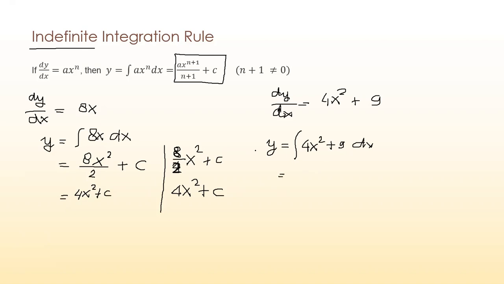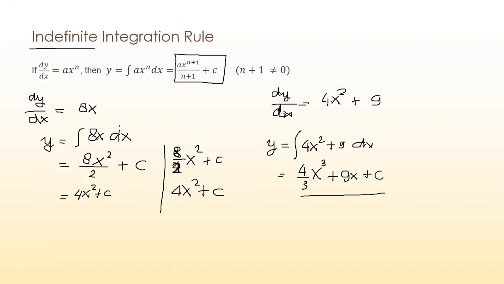According to this rule, you're going to find the outcome: 2 plus 1 is 3, so 4 over 3 x cubed, plus 9x plus c. This is the outcome of this integration.